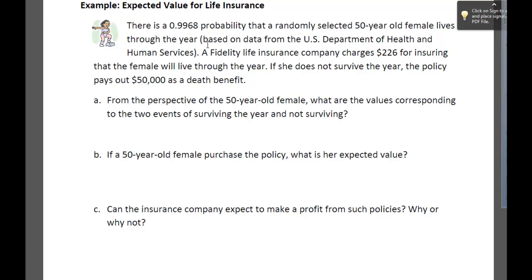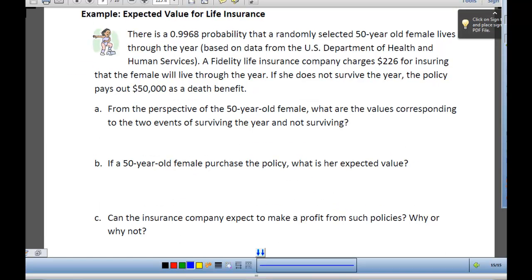Okay, if she survives the year, what's happened with her as far as her money? She just paid out $226. So we would say surviving the year is negative $226. However, if she doesn't survive the year, then somebody gets $50,000 minus $226.